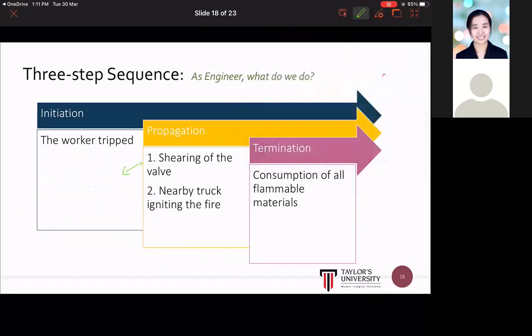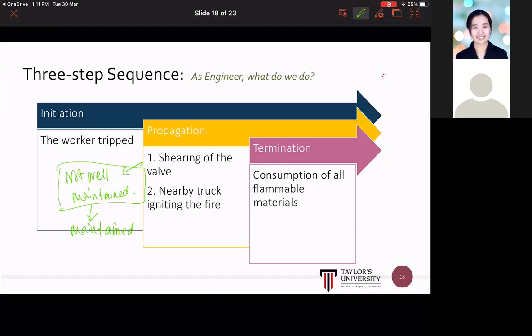So this means it is not well maintained, because a well-maintained valve should not just get torn out by human force. It's just not possible. So it tells us that this is bad welding, or maybe there's rust in there. So with that, urgent maintenance is required.